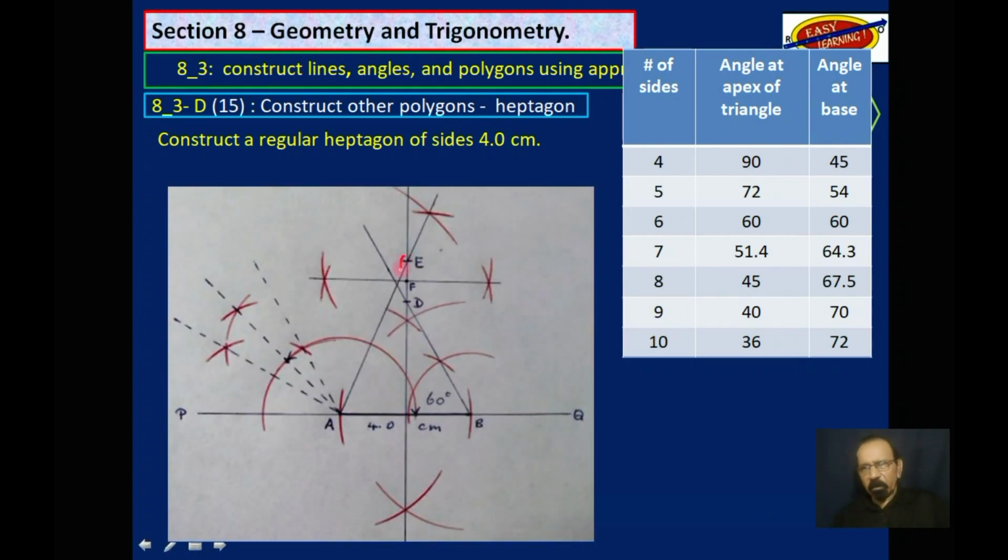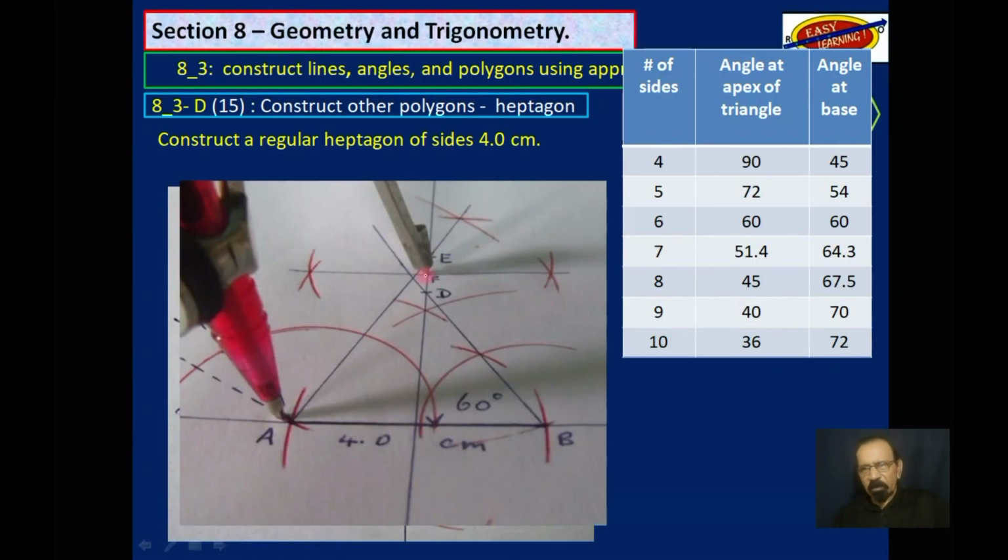So this one here, remember 135, bisect it, and you get that is the center for the circle for 8 sides. This one here, 60 degrees come up here. That's the center for the 6-sided figure. We bisect ED and we get F. Let's use F as a center for the 7-sided figure.